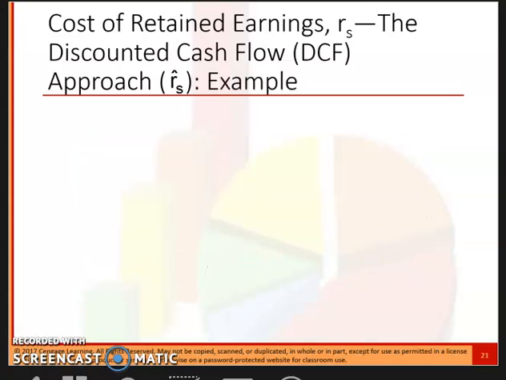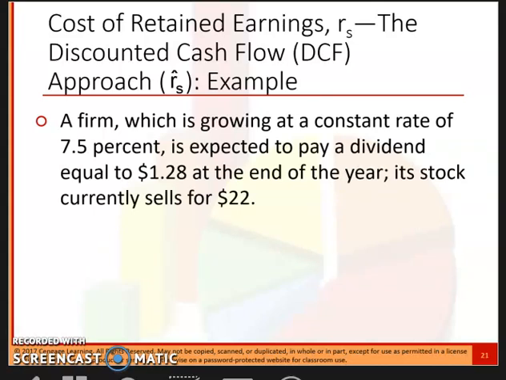So example here, a firm is growing at a constant rate of 7.5%, is expected to pay a dividend of $1.28 at the end of the coming year. The stock currently sells at a price of $22. So it's telling us that G is 7.5%, D1 is $1.28, and P0 is $22.